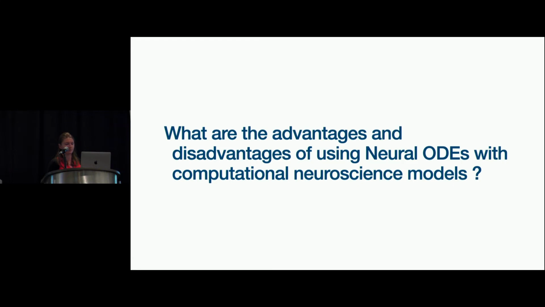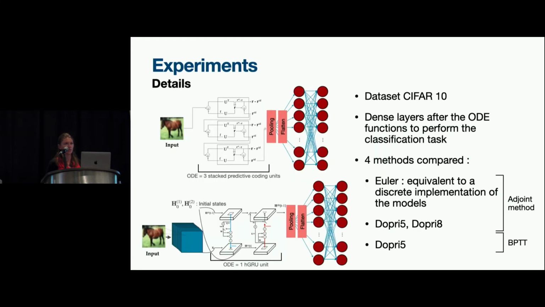So in order to test our models, we will incorporate them into a classification architecture. So in the first case, the ODE module contains 3 stacked layers of predictive coding, and in the second, it contains a single edge group. Then we add some dense layers at the end, and we train both models on CIFAR-10. Then we compare 4 different methods. We first use an Euler solver to solve the ODE, and this method represents the discretization of the model beforehand.